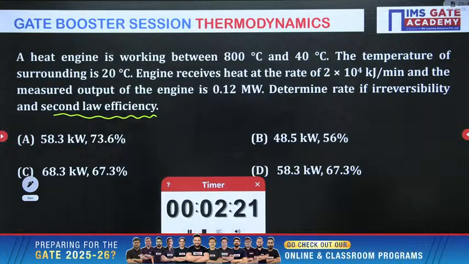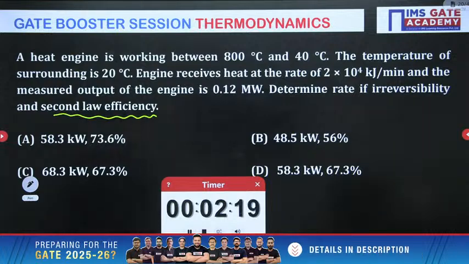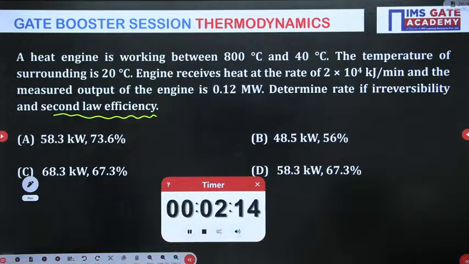Directly, basic second law of efficiency you can calculate. First of all, the irreversibility part you have to calculate, and then the second law of efficiency.